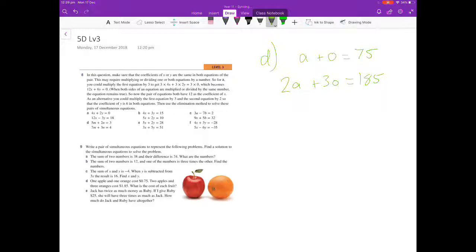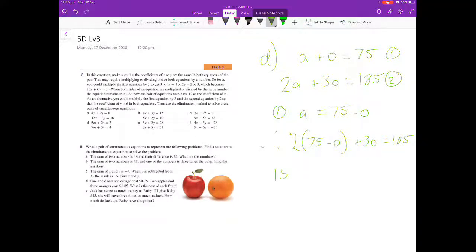Okay, so we can work out what 1 apple is, or we can times one of them and double it. We'll move one around, so we end up with apple equals 75 minus orange. So 2 lots of 75 minus orange plus 3 oranges equals 185.